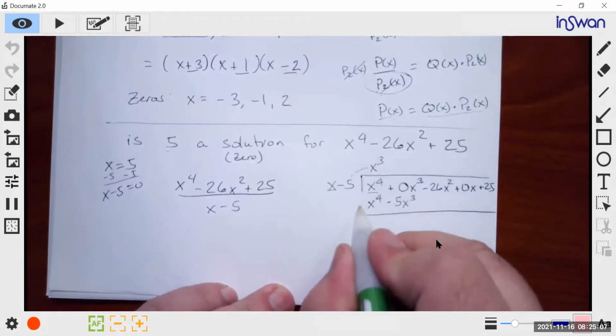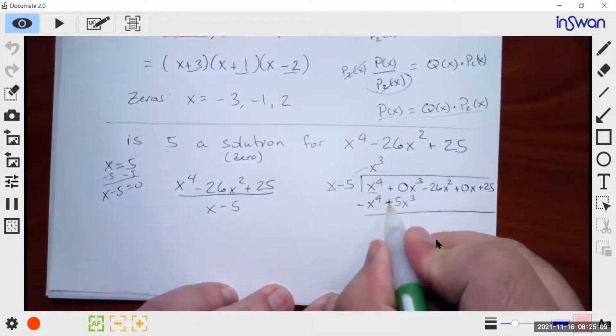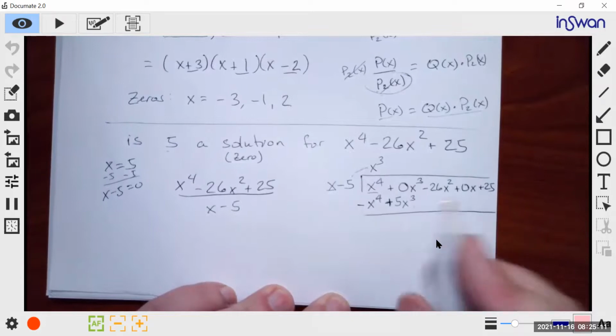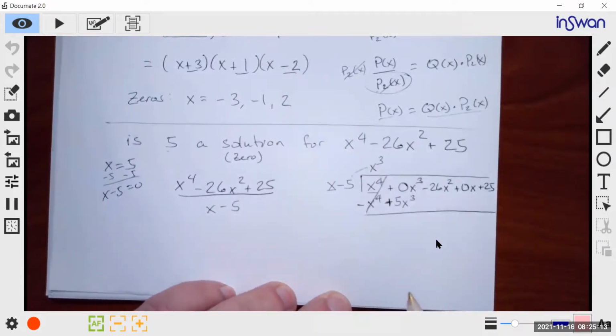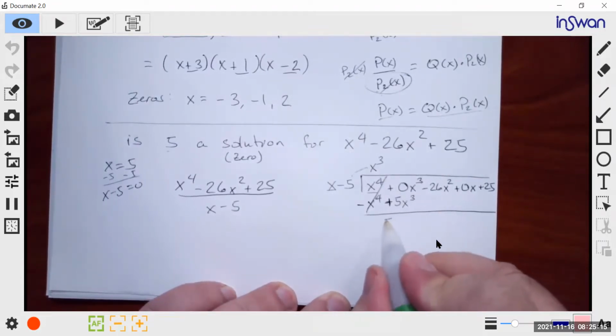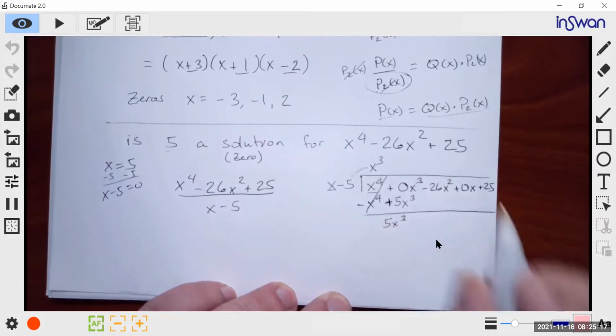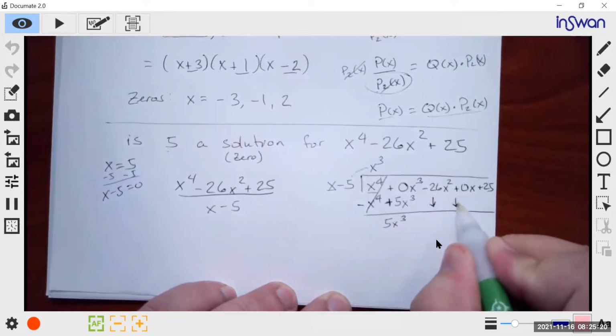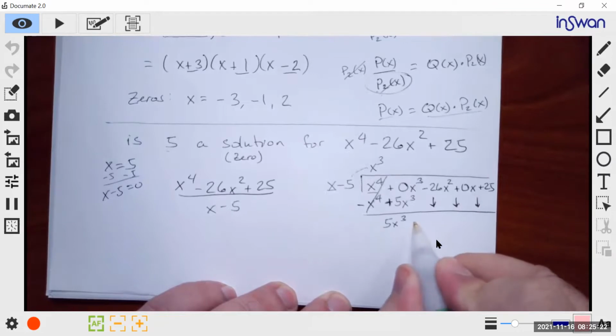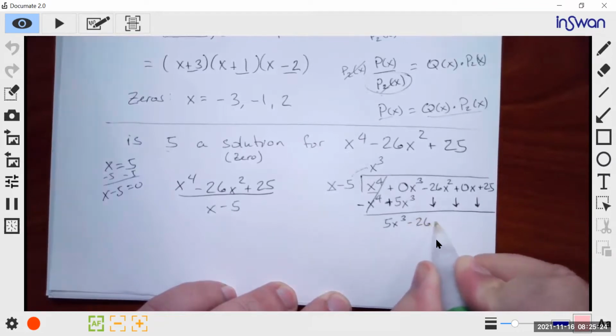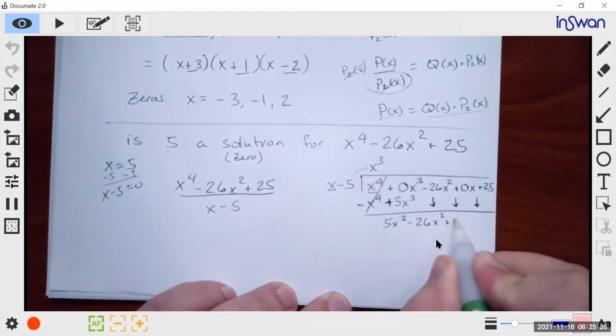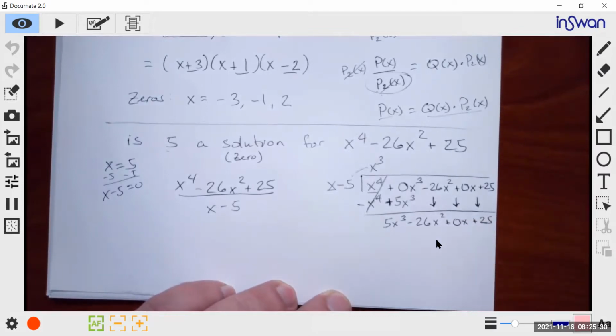Change the signs and add. First term disappears. 0 plus 5 is 5x cubed. Bring down everything else. Minus 26x squared plus 0x plus 25.